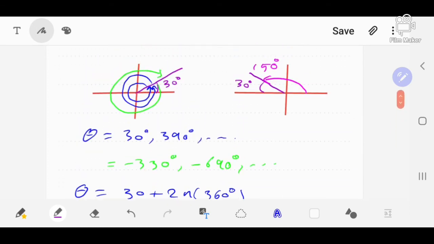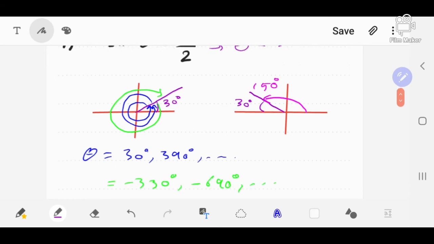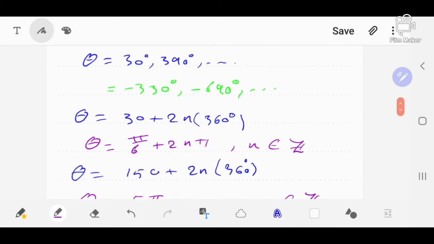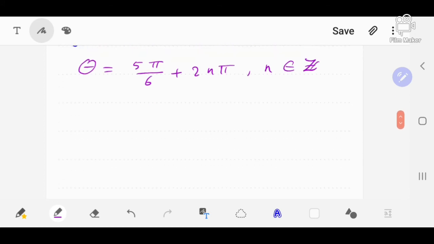This is the first simple equation. I hope that the idea is clear. We only need to recall the basic information that we talked about before.